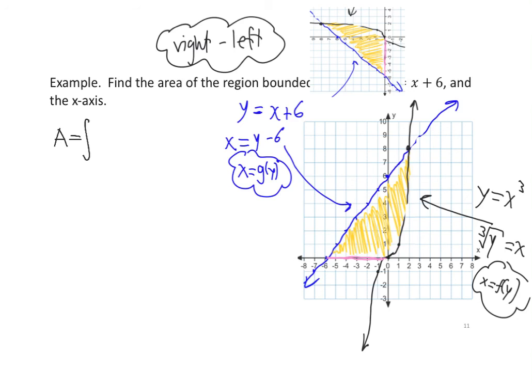It's from 0 to 8 of, let's see, top function is cube root of y minus bottom function, which is y minus 6. And we're integrating that with respect to y. That's the key point.